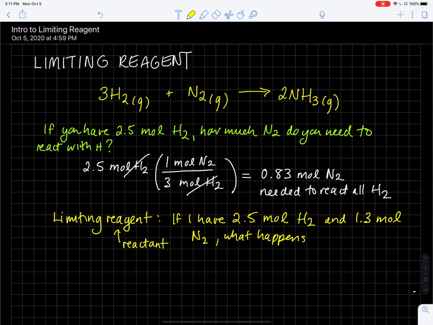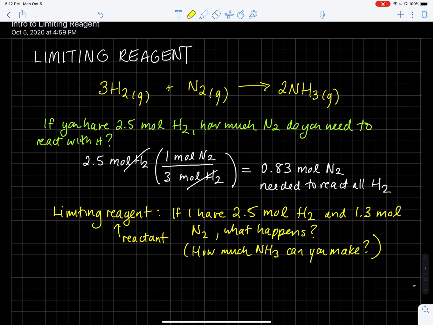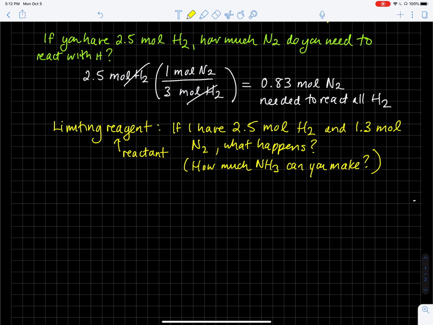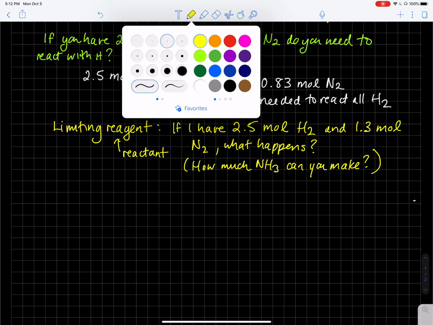I'm asking the question broadly, what happens? Normally the question that we would ask is how much product, in this case ammonia, can you make? So you just calculated above, hopefully, that for 2.5 moles hydrogen, you need 0.83 moles N2.